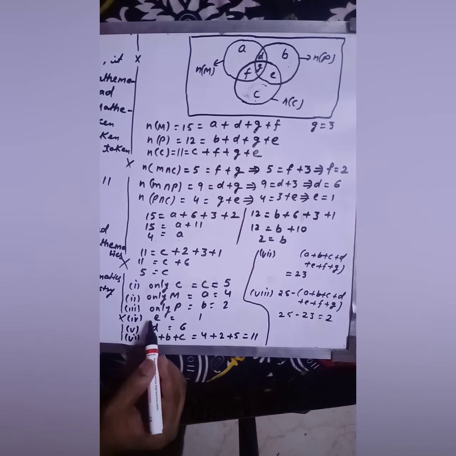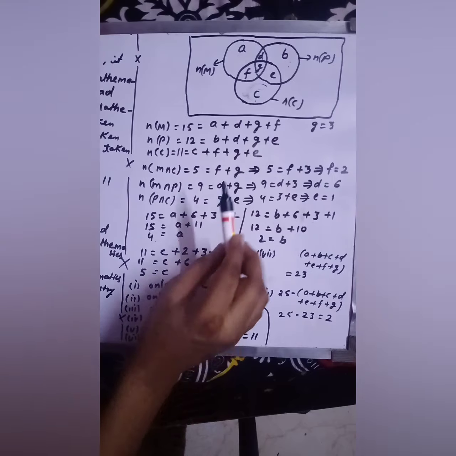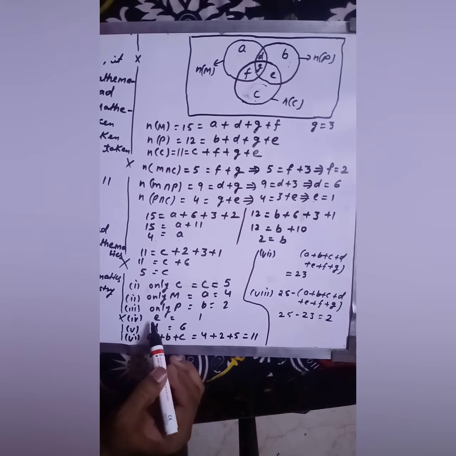So in the fourth part, the number of students studying physics and chemistry but not mathematics is E. The value of E is 1. I think we have calculated this value. Okay, I think you are getting all the concept. So please concentrate.